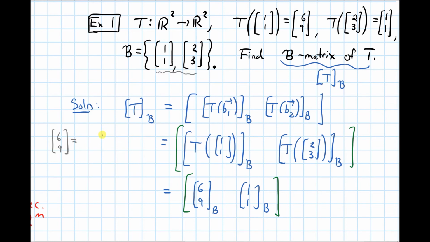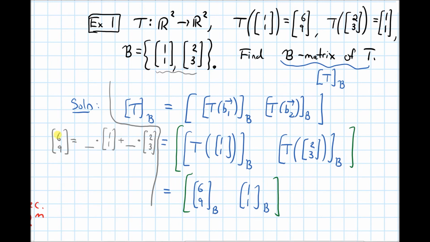So we need to write it as something times B1, which is the vector (1, 1), plus something times B2, which is the vector (2, 3). And let me try to separate this so I don't think that this is equal to what I had here on the right hand side. So now I've got to think about what those weights of this linear combination would be.